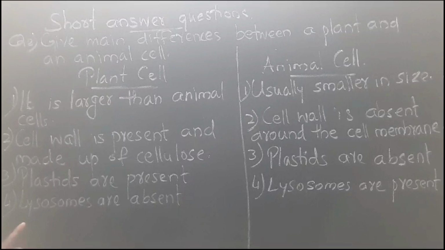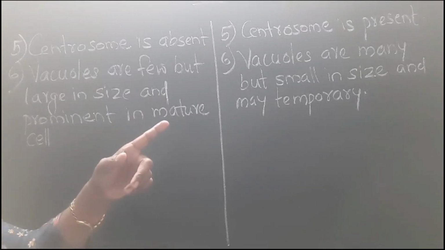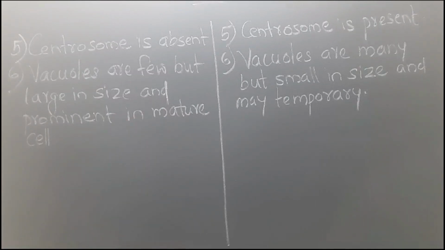In plant cells, lysosomes are absent, whereas in animal cells, lysosomes are present. Our fifth point is, centrosome is absent in plant cells. Centrosome is present in animal cells.